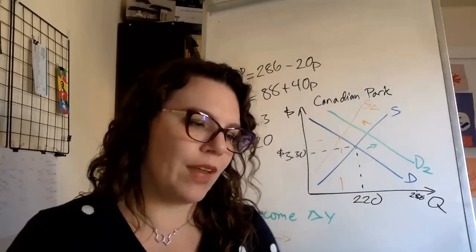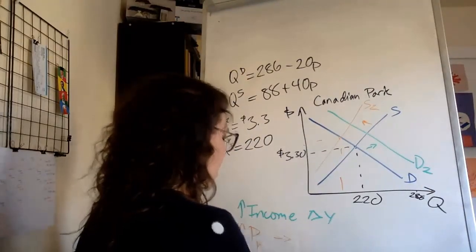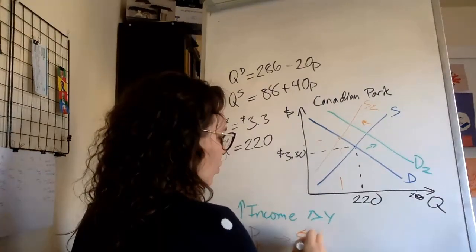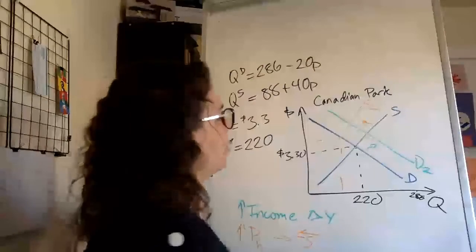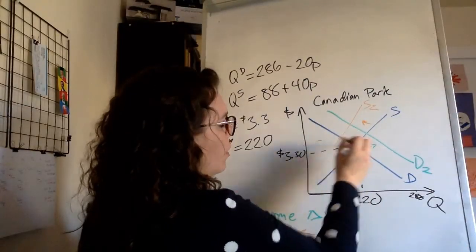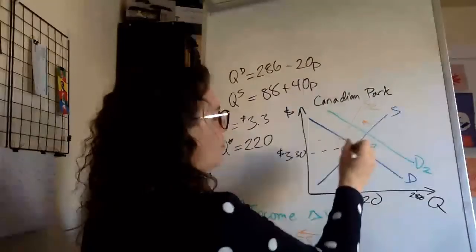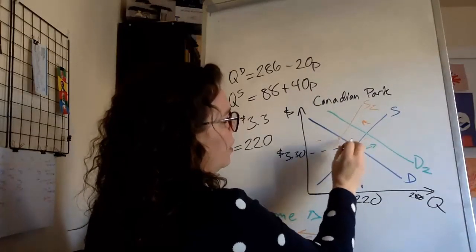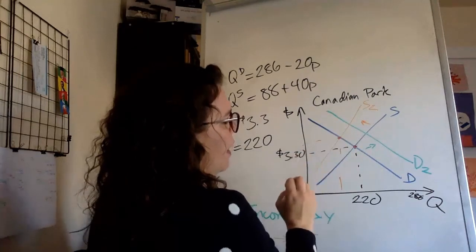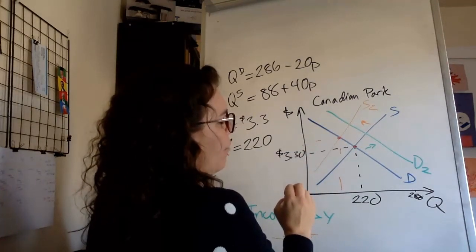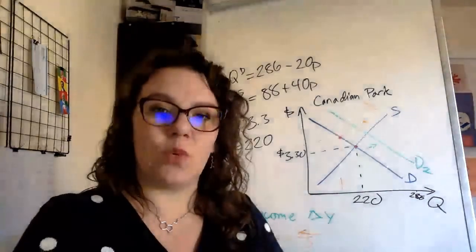We want to remember that when those things happen, so for example, if the price of hogs goes up, that's going to be an inward shift of the supply curve, or a leftward shift of the supply curve. So we're going to go from our initial equilibrium here up to this new equilibrium on this higher supply curve. And that's going to mean that for a period of time, we might be experiencing disequilibrium, right?